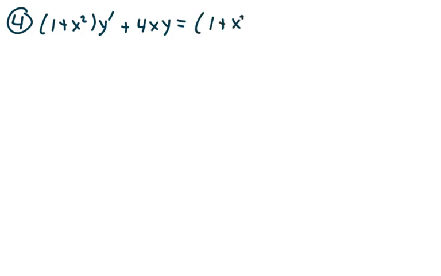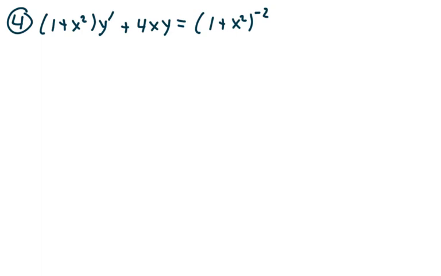Now, let's do another one. Suppose I ask you the following. We'll call this example 4. Suppose 1 plus x squared times y prime plus 4xy equals 1 plus x squared raised to the negative 2.